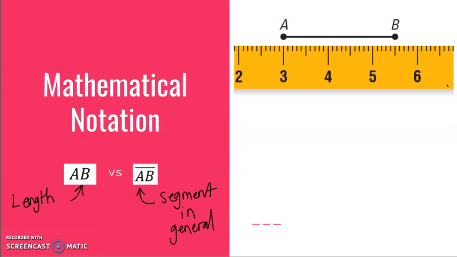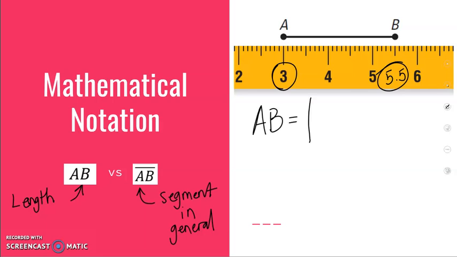So let's take a look at this example. Notice point A is at coordinate 3. Point B is at coordinate 5.5. So if I wanted to find the length of AB, I'm going to take the absolute value of the difference of these coordinates.